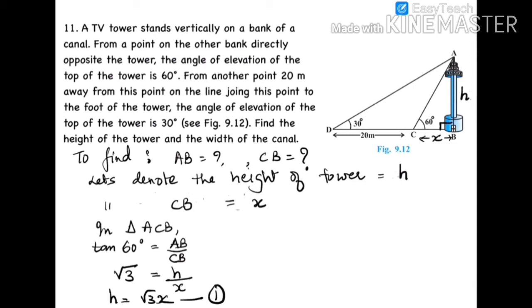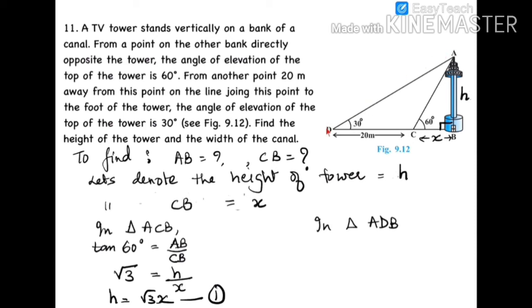Now we will consider the other right triangle, which is triangle ADB. Students, please be careful while picking the triangles. I have seen some students in the exam selecting triangle ADC. This is not a right angle triangle. We have to choose only right triangles.